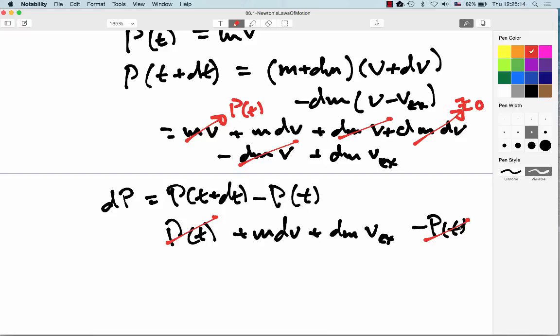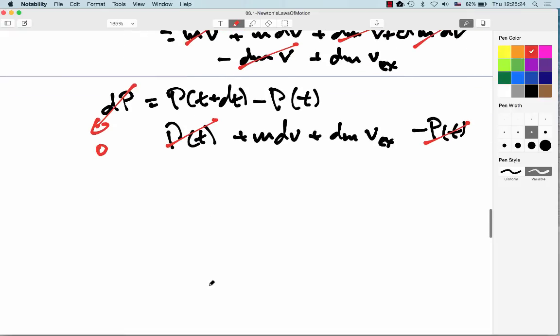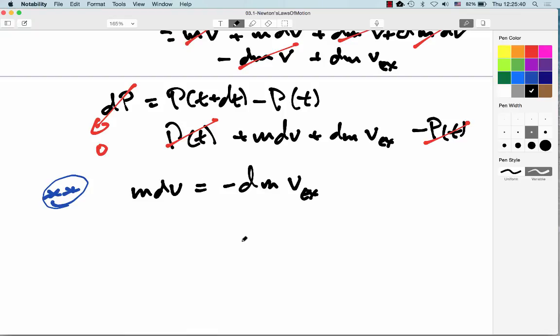Now, if there's no external force, our dp is 0. That's why we did this way out in outer space. Alright, so this finally gives me, and I will cryptically label it double star, mostly because I need to get back to it. This gives me m dv is equal to minus dm times v exhaust.